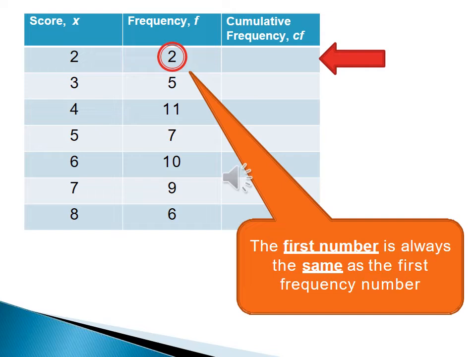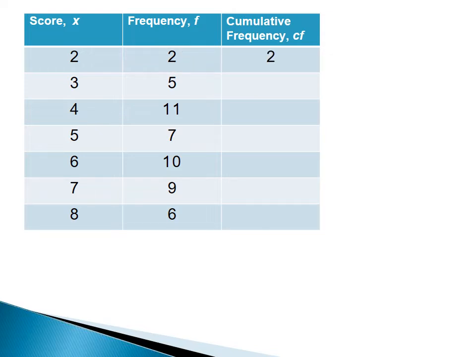For the second cumulative frequency value, we add 2 to the 5 and get 7.